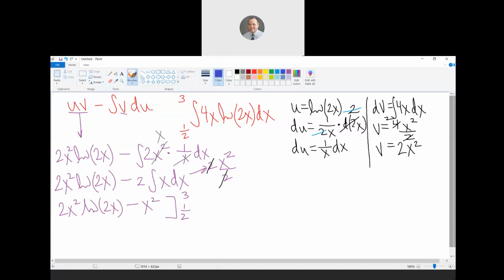Starting with the 3 first, we have 2 times 3 squared times natural log of 2 times 3 minus 3 squared.